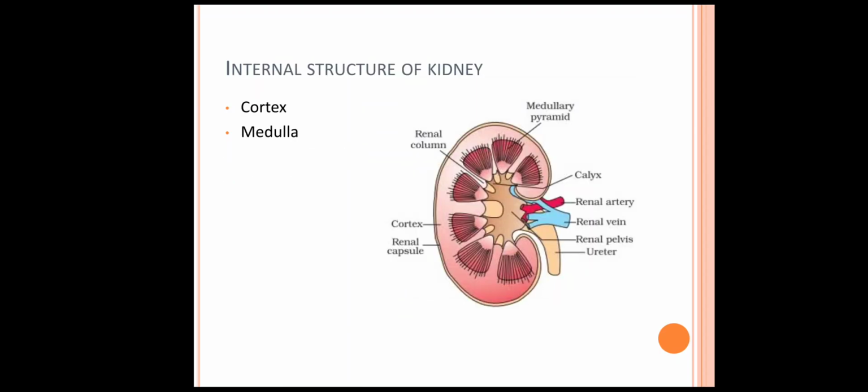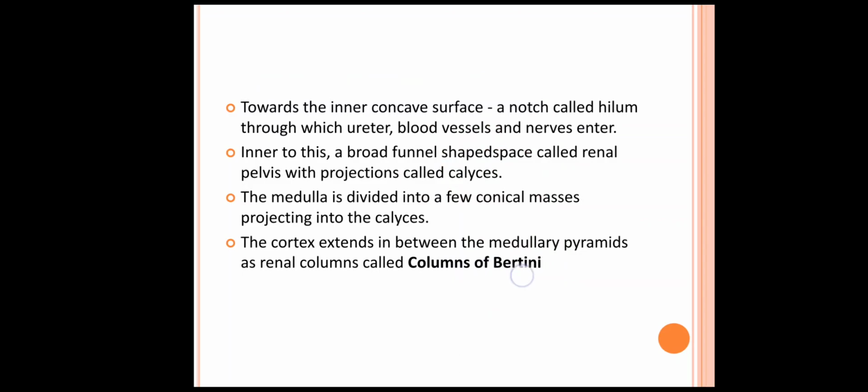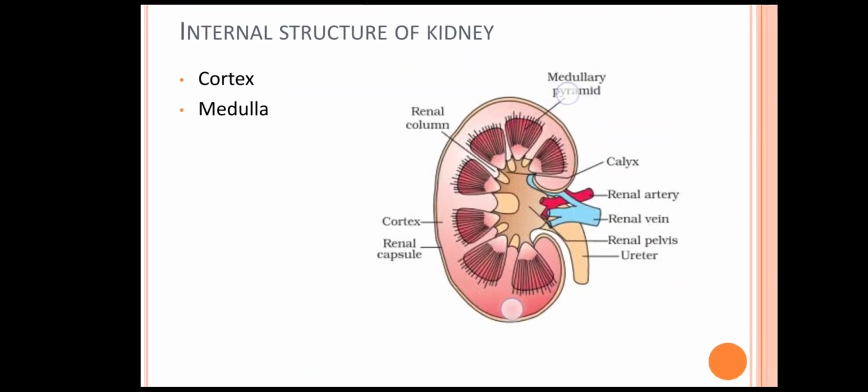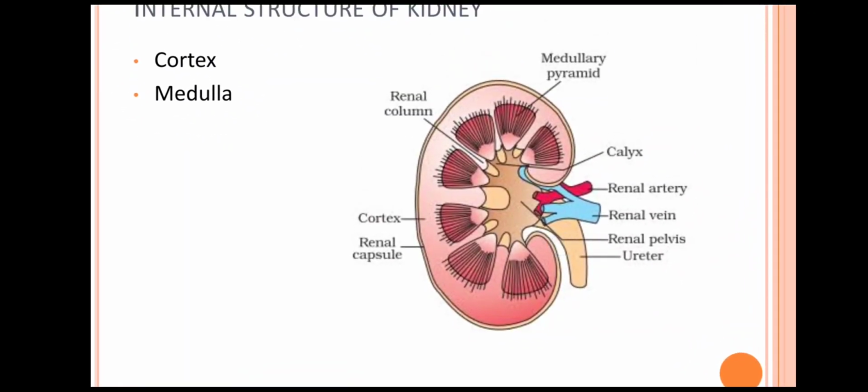If we look at the kidney, then we will observe that towards the center of the inner concave surface of the kidney is a notch-like structure. This notch-like structure is called the hilum, and this hilum is the point from where the ureter, blood vessels and nerves enter.